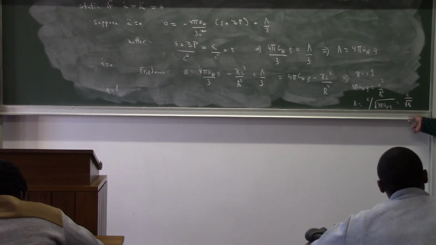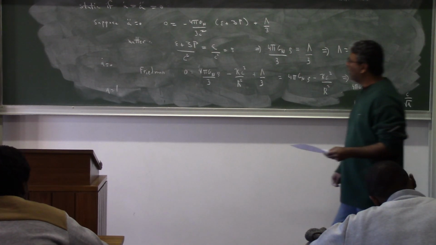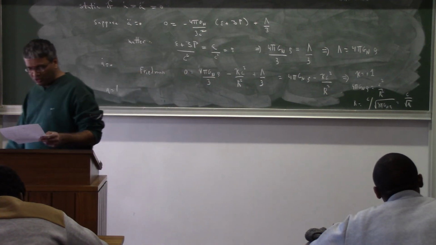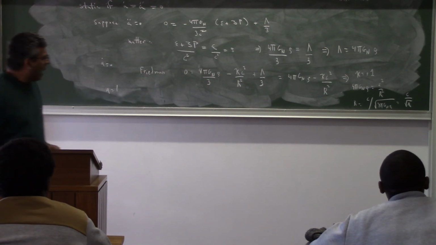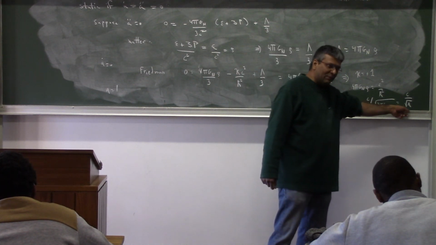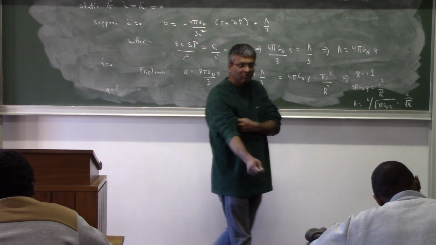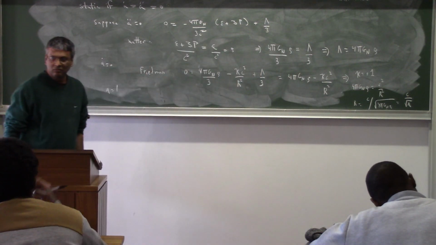Okay. So a static universe is positively curved, and we can compute the radius of curvature of this universe in terms of lambda, which is determined by the mass density.